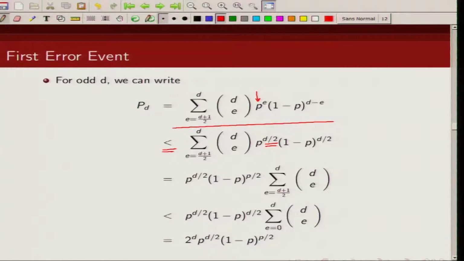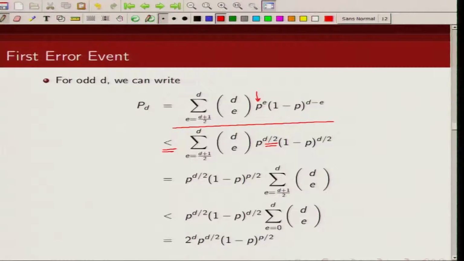The actual expression would have been p raised to power (d+1)/2, then (d+3)/2, and like that, and this number goes on decreasing because you are raising it to a higher value. Now, instead of varying it, I keep it fixed at d by 2. So, that is the first upper bound that we are getting.